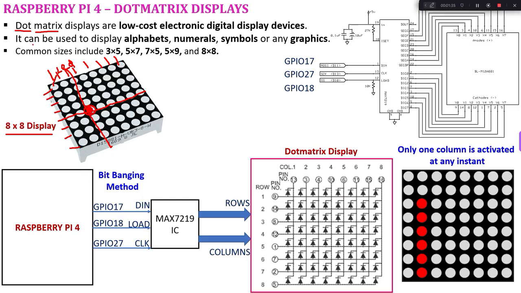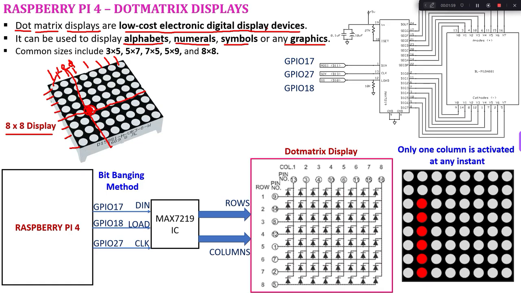So we have LEDs connected in a matrix fashion and it is used as a display. Display in the sense we can use it for displaying alphabets, numerals, symbols or even graphics like smiley, squares, circle, etc. So these dot matrix displays are low cost electronic digital display devices.